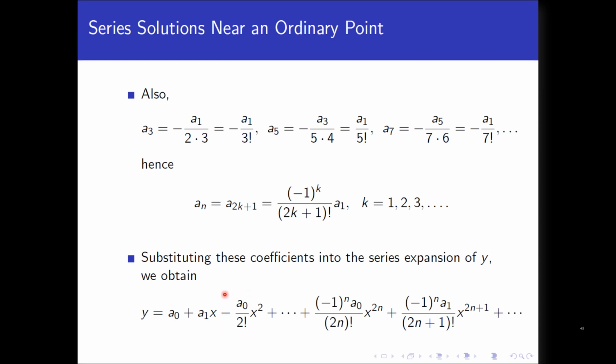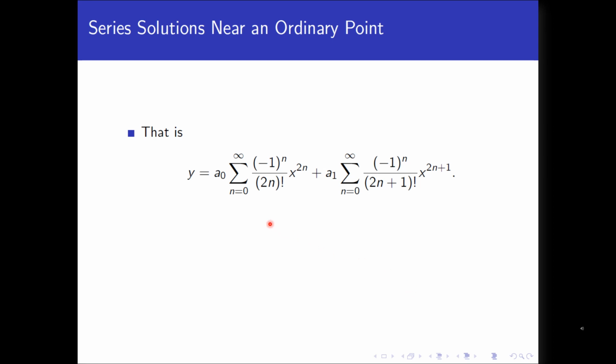And the remaining terms can also be given in terms of a0 and a1. Therefore, if we collect the terms which involve a0 and the terms which involve a1, then we end up with the expression y equals a0 times a sum which involves even indices plus a1 times a sum which involves odd indices.